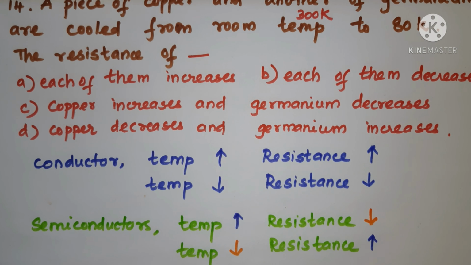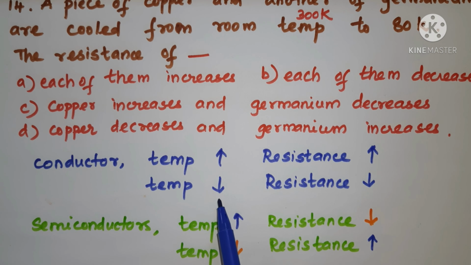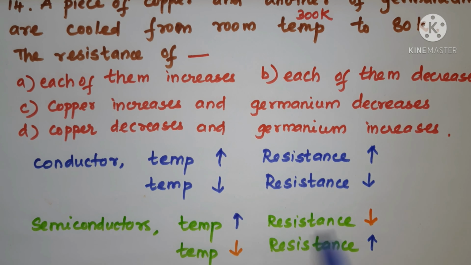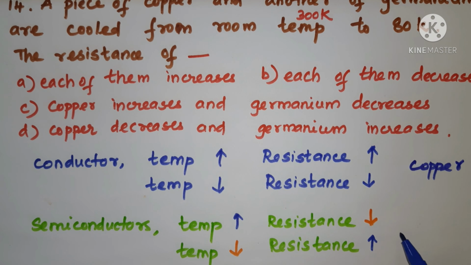We have learned that in conductors, as the temperature increases, resistance increases, and as the temperature decreases, resistance decreases. And in semiconductors, if the temperature increases, resistance decreases, and if the temperature decreases, the resistance increases. Here we have copper, a conductor, and germanium, a semiconductor.